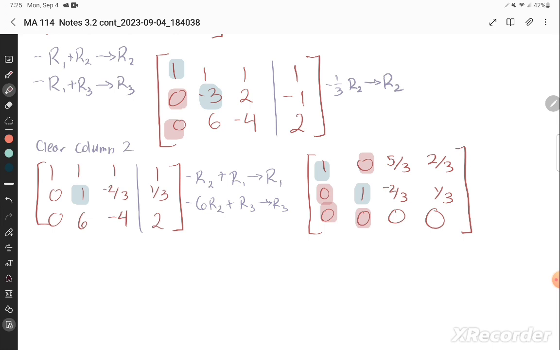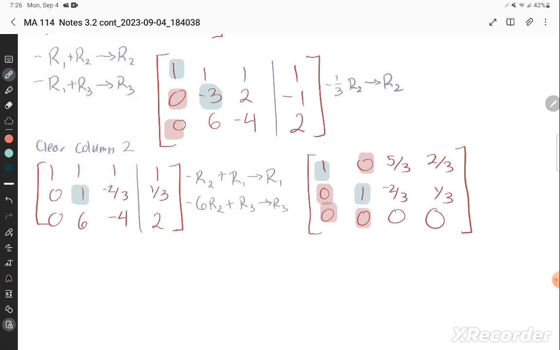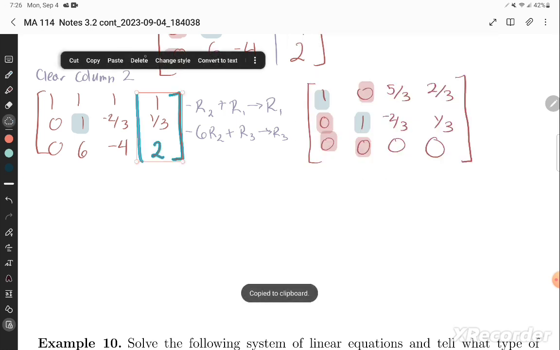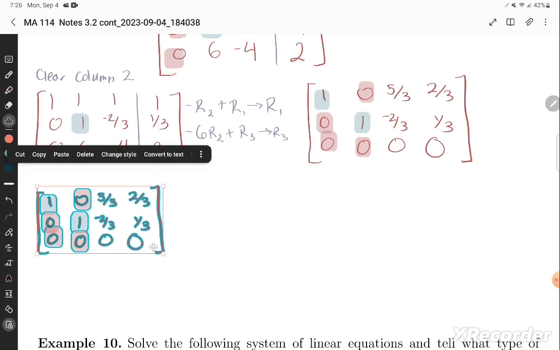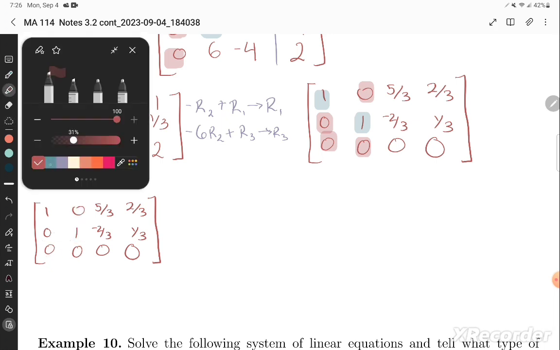What does this mean though? Well, remember that, I'm going to move this down, I'm going to copy and paste. And I might even shrink it just a little bit to make it easier to work with. So remember that the columns, again, what do the columns represent?